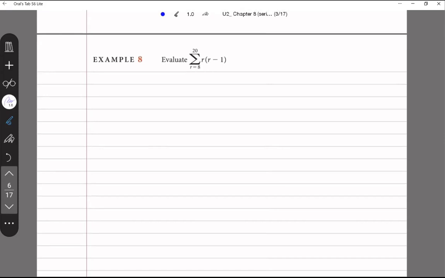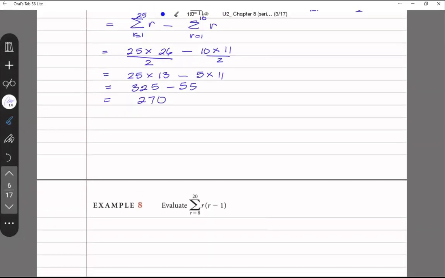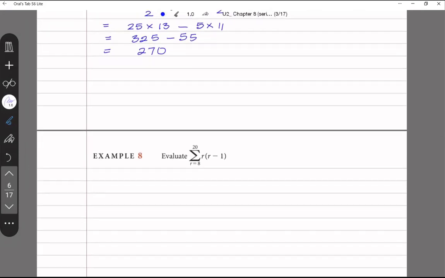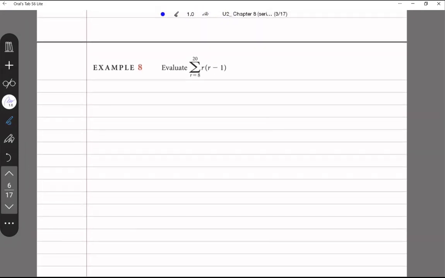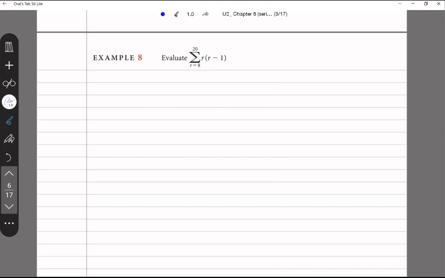All right, example 8 is asking us to evaluate the sum from when r is 8 to when r is 20 of all of that. For example 8, what I normally like to do is to consolidate this into one formula before I actually do my calculation.